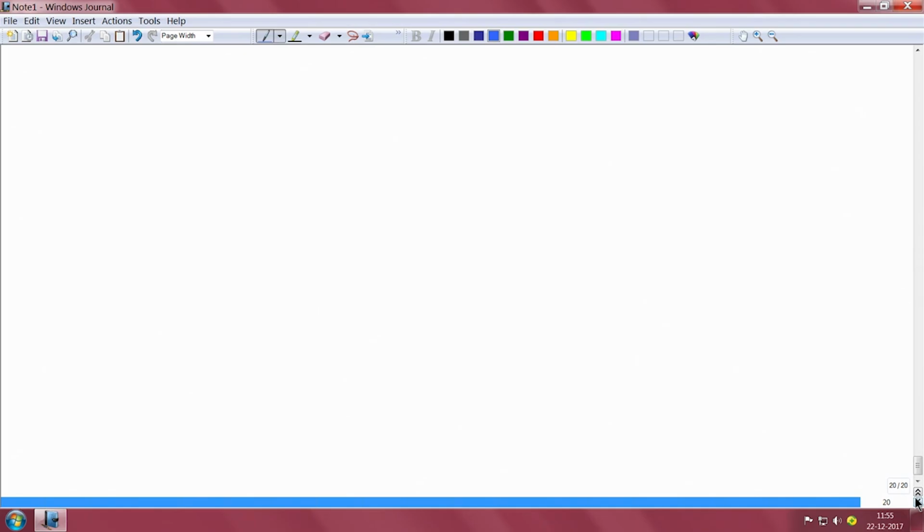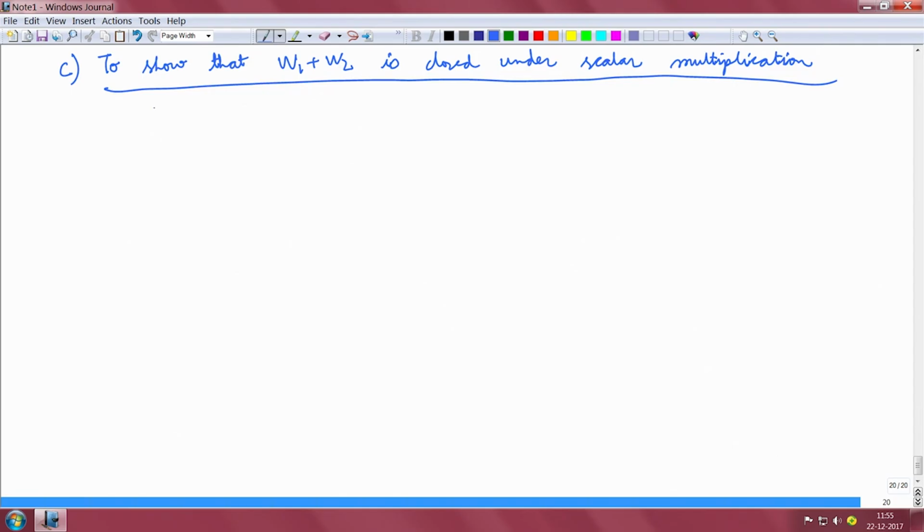Now, the next thing you have to prove is that W1 plus W2 is closed under scalar multiplication. For that, let's consider a vector x1 which belongs to W1 and x2 which belongs to W2.